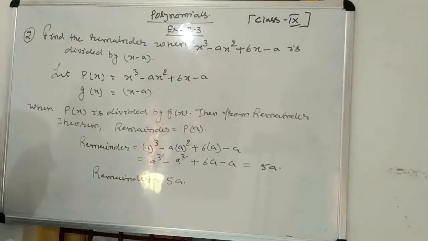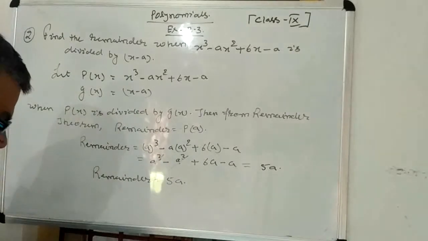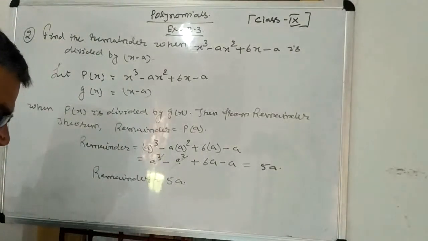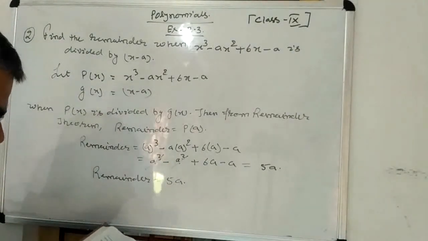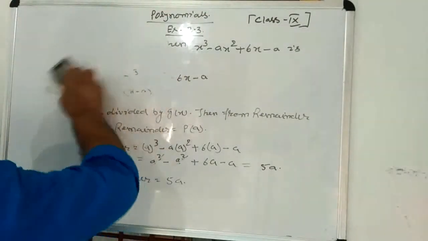Now question number 3. In question number 3, the question is saying that check whether 7 plus 3x is a factor of 3x cube plus 7x or not.